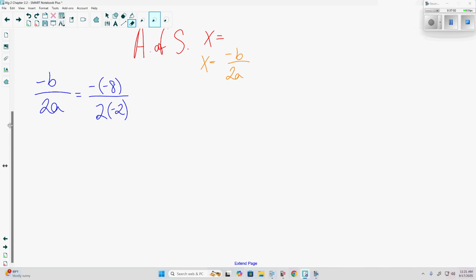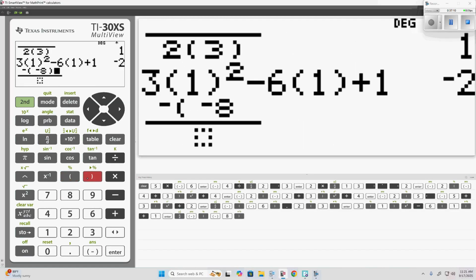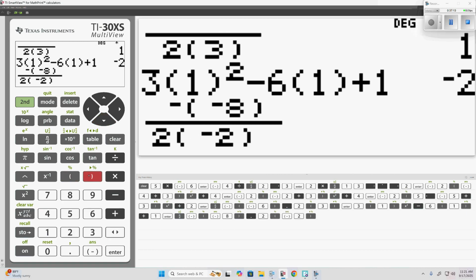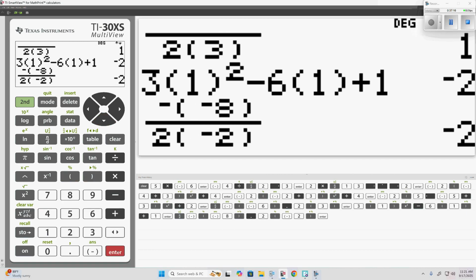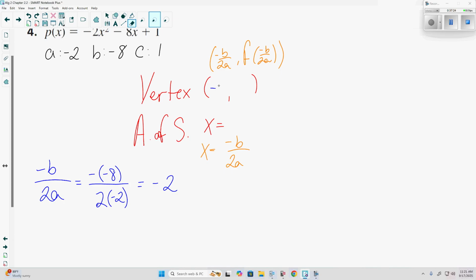So that tells us that we have negative 8 over 2 times negative 2. In the calculator, we hit the fraction and say negative 8 over 2 times negative 2. And they tell us that value is negative 2. So we can plug that value for negative b over 2a in its two spots. We can plug it into the x value of the vertex and the spot where it's equal to on the axis of symmetry.